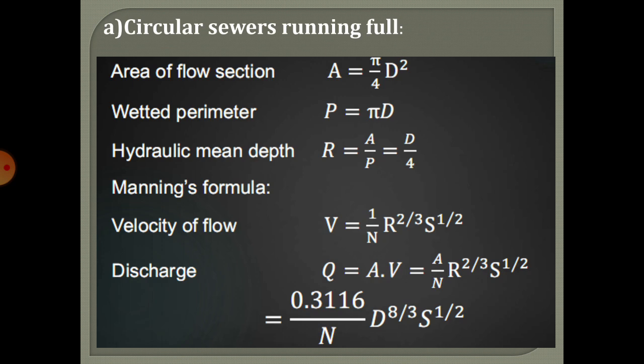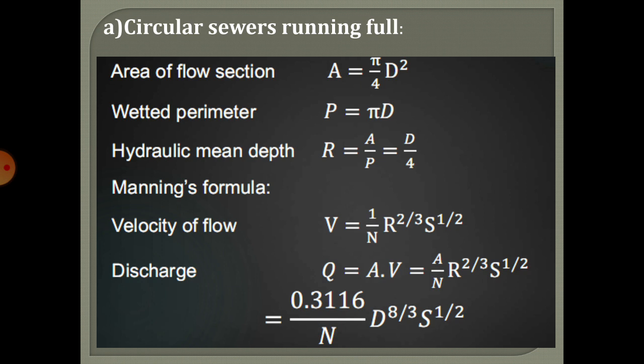So, in the first case, if we consider the circular sewer running full, then the area of the flow section will be calculated by the formula A is equal to pi by 4 d square, whereas the wetted perimeter will be P is equal to pi d. Hydraulic mean radius will therefore be A by P is equal to d by 4.